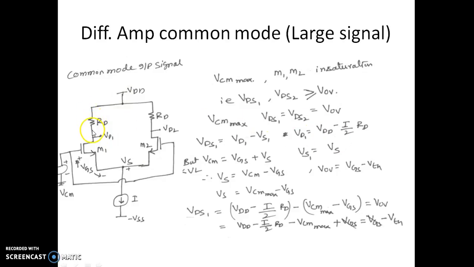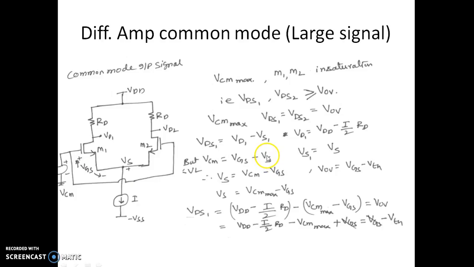Since we know that ID1 is equal to I by 2, we write VD1 is equal to VD minus I by 2 into RD. And if you write the KVL for this, so this is VCM, you have a VGS here and you have a VS here. By writing the KVL here, you can write VCM, that is common mode voltage, is given by VGS plus VS. So that's what this expression is.